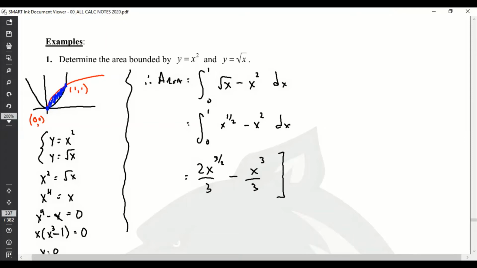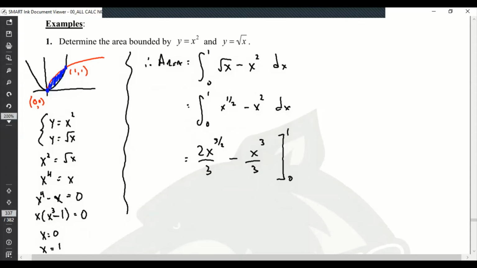We've now done our integration, so we don't need our dx, but we still need to realize that we are integrating with limits from 0 to 1. We plug in our values of 1. So 2 times 1 to the 3/2 over 3 minus 1 cubed over 3.